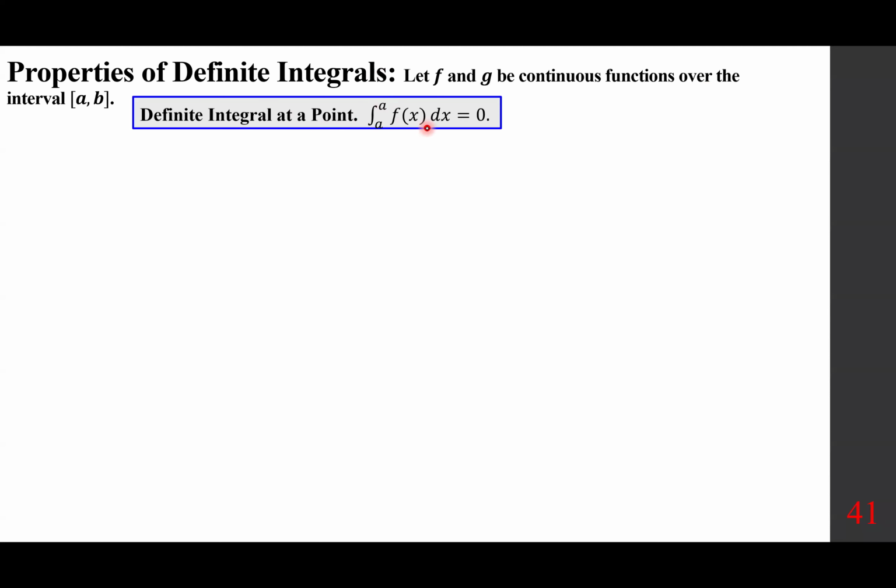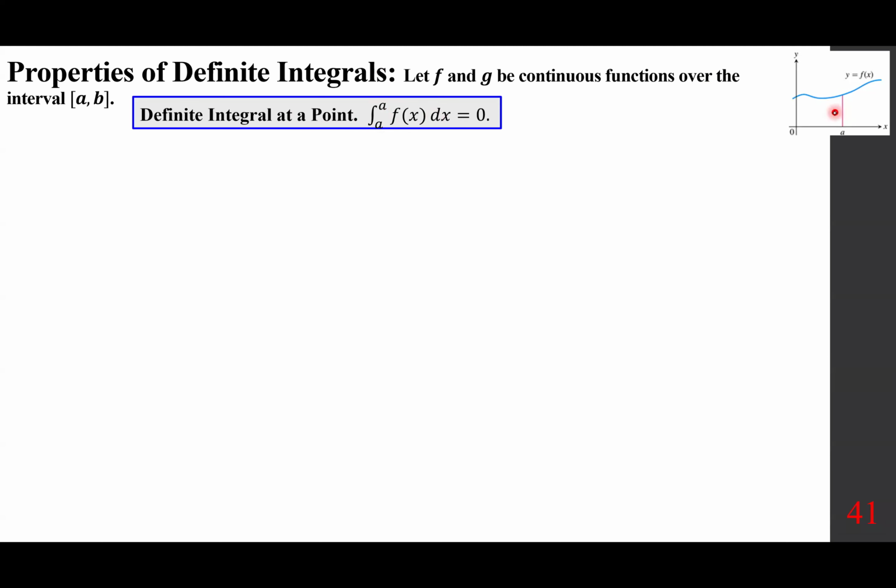B minus a becomes 0. If the lower limit and upper limit are the same, this definite integral, which represents a number, becomes 0. Or if you look at the concept of a curve, a point does not cover any area, remember, because a line or line segment's thickness is 0.